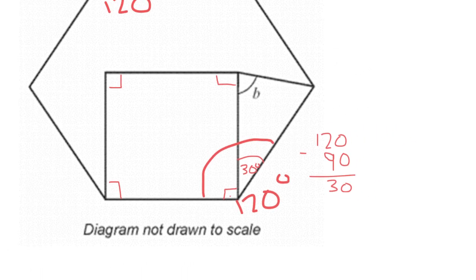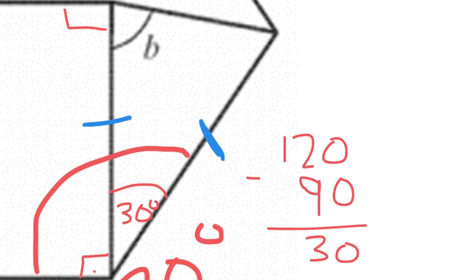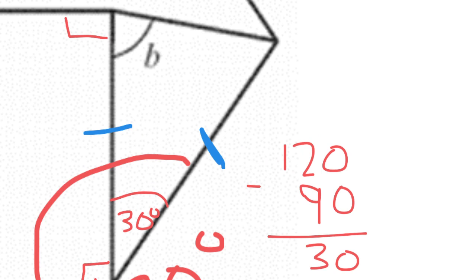Now remember, regular means that all sides are the same length. So this side is the same length as this side, and it's the same length as this side. Now this being a square is significant, as it means that all the sides in the square are the same length as well. So that means we've now got an isosceles triangle. An isosceles triangle means that 2 angles are both the same.